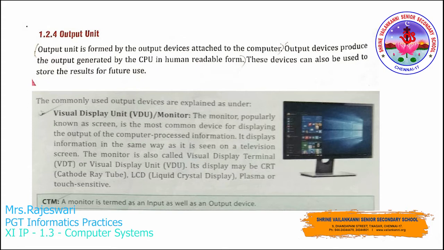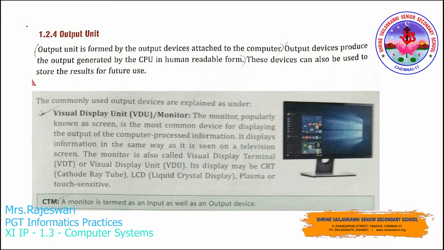Many different types of output devices are available nowadays, and these output devices just produce the output which is generated by the CPU. Normally it does all the processing tasks. Once the process gets over, the instructions given to the computer, which have been converted into binary form, are again translated into human readable form, and then displayed on the monitor.